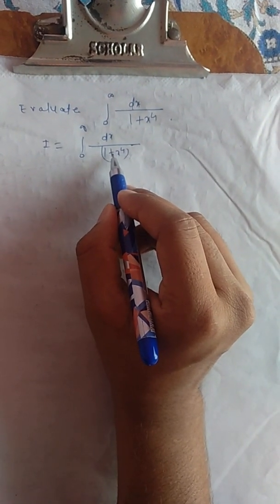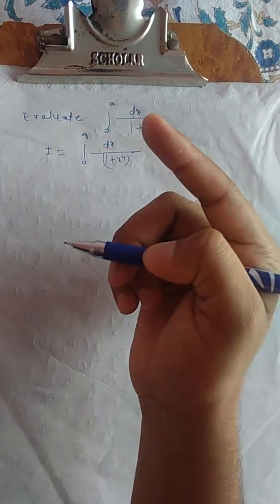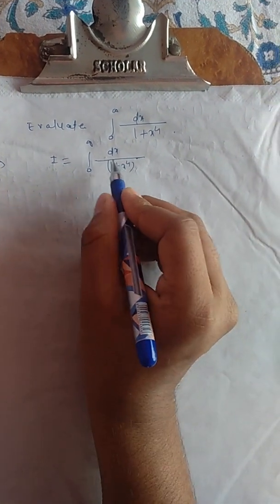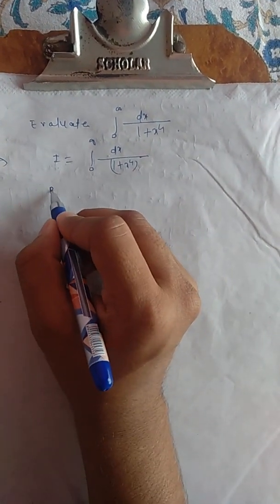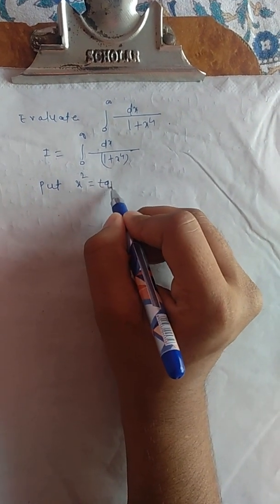If there is a 1 minus x raised to 4, then there is a possibility of using that definition of beta function. Now I will use the substitution for this. I will just put x square is equal to tan theta.